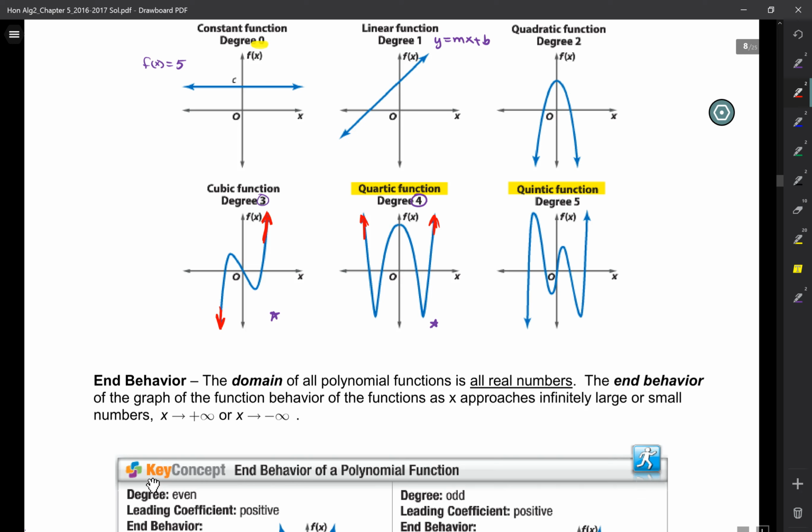In the case of the quadratic function with a degree of 2, both ends will be going down. So when the degree is odd, one end is going up, the other is going down. When the degree is even, they're either both going up or both going down. Okay, very, very important. That will never change, ever.